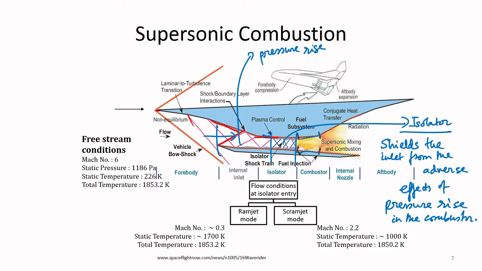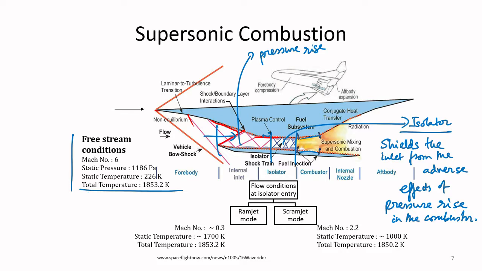So what are the numbers that we are talking about? A typical scramjet can operate at Mach number 6. And if we look into the numbers that we are interested in for typical scramjet operation, let us consider this scramjet engine flying at an altitude of 30 km at Mach number 6.